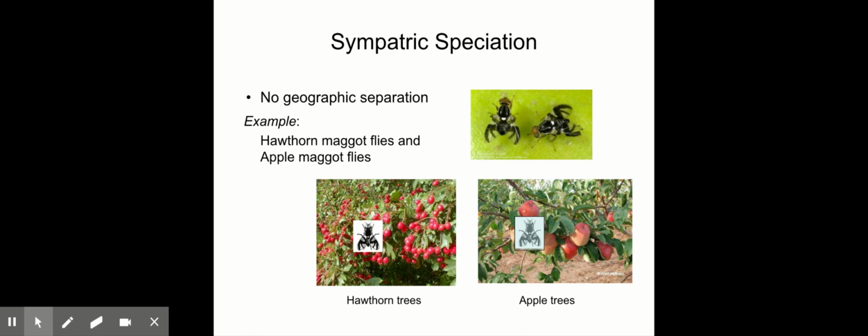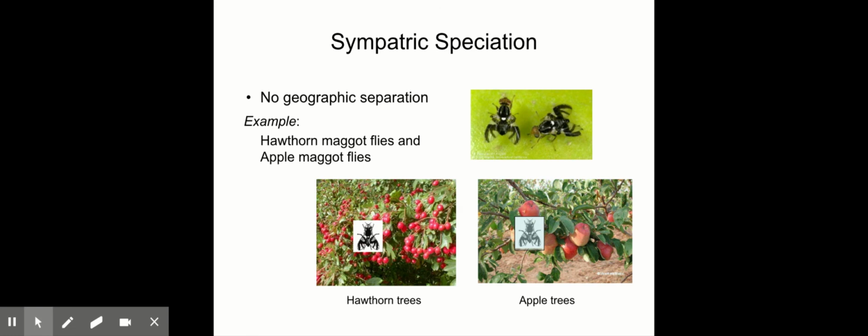A part of it has to do with the timing of the fruiting of these different species, because they don't fruit at exactly the same time. So now we would have this group of maggot flies that's using a different host that is fruiting at a different time, and they're going to become reproductively isolated and separate species that are specializing on a different host plant.